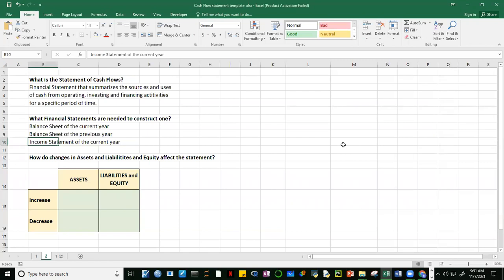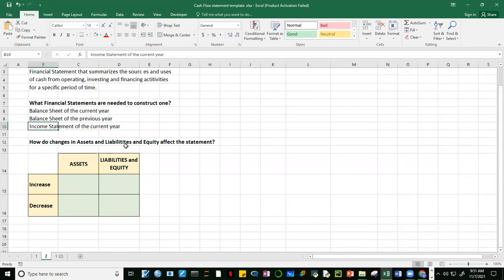Now, since the statement of cash flows is all about monitoring or recording the sources and the uses of cash from operating, investing, and financing activities, we need to know how the changes in your assets, liabilities, and equity affect this cash flow statement.